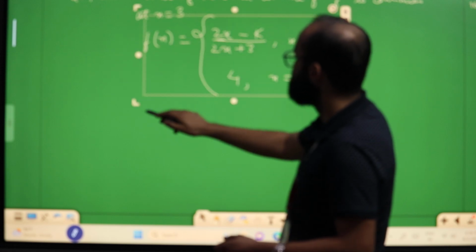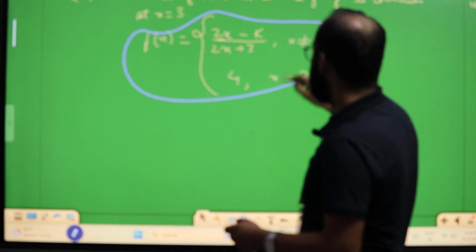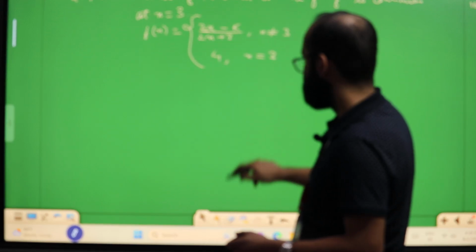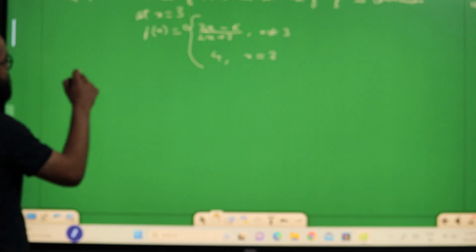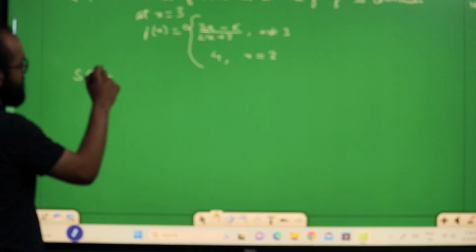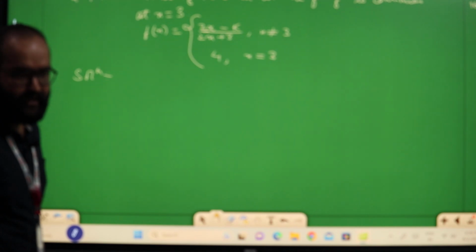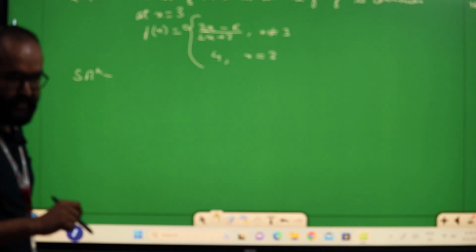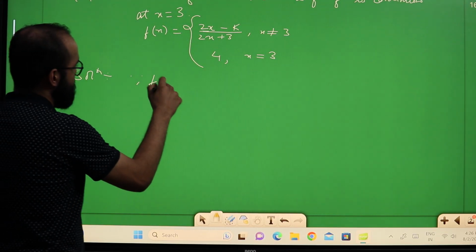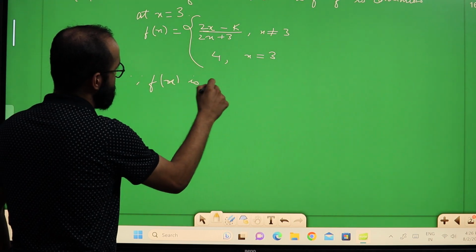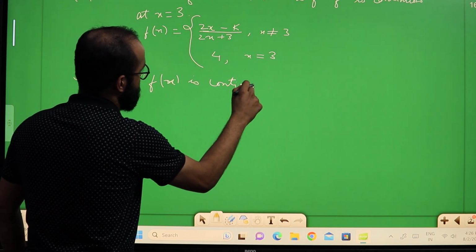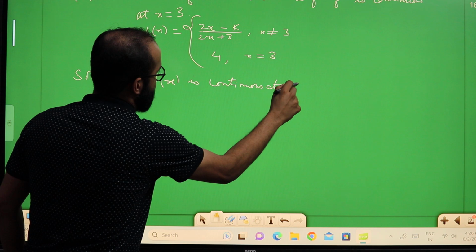First one, isn't it? There is the direct definition. What is the definition? Here what is given? f(x) is continuous at x equal to 3.